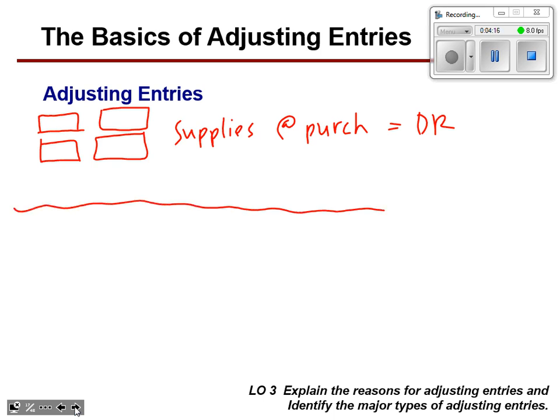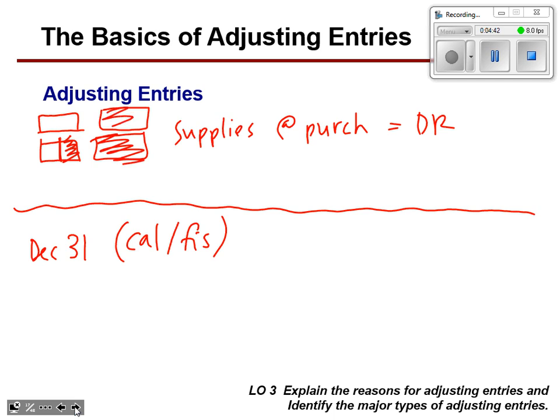The year goes by, fiscal year, calendar year, it doesn't matter. Year goes by, and it's December 31st, which happens to be both a calendar and fiscal year end. And someone's job is to run around and count how many erasers we have left. And they find that there's only 1.5 erasers left. 2.5 are gone because they were used.